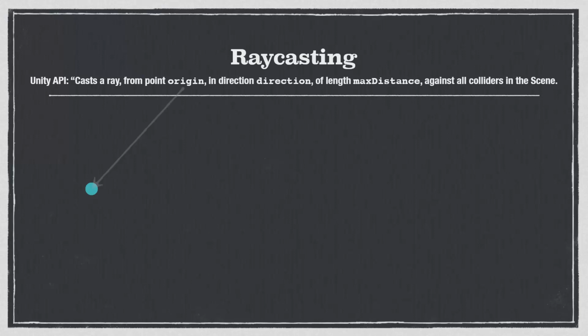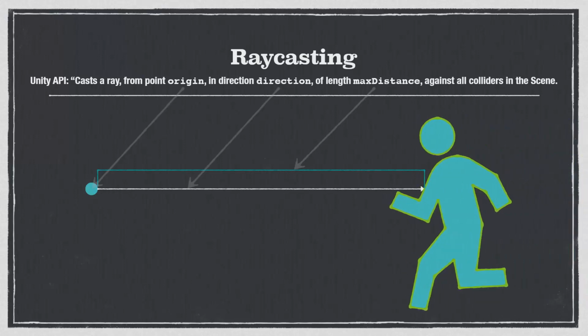And then it casts a ray in a particular direction. So, for instance, Vector3.forward, or transform.TransformDirection(Vector3.forward). And it casts that ray over a certain distance, although this is an argument you can leave off if you need to.